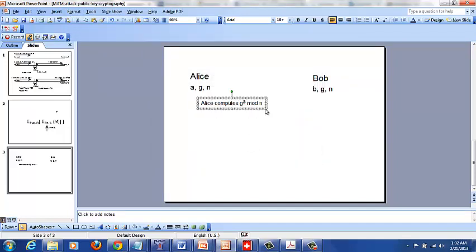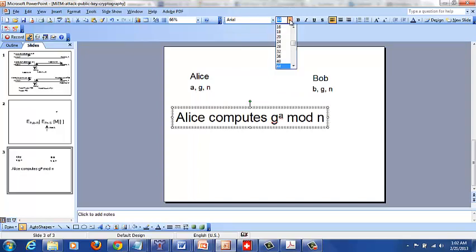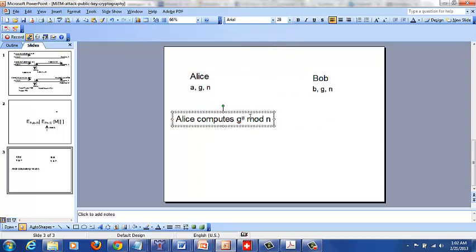So Alice computes this, and so she sends this to Bob, okay, sends this to Bob.